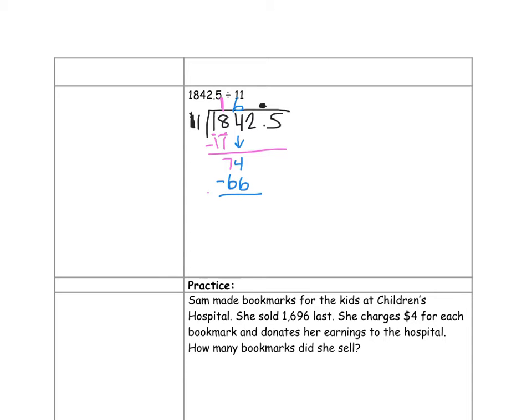And then 4 minus 6, we have to borrow. 14 minus 6 is 8. And 8 divided by 11, that'll give us a decimal. So let's go to the next one, and we'll bring that down.